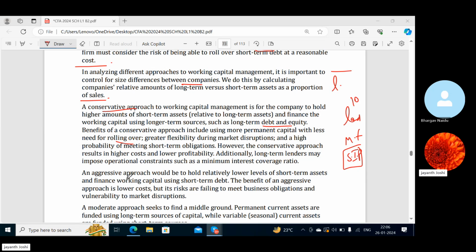And long-term debt and equity is not a small amount; it's a very big amount. So there is no need for rollover also, right? If you're using cash or short-term assets, you have a limited amount of that, correct or wrong? Yes. So you may pay that and again look for rollover, right? Now, greater flexibility during market disruptions and a high probability of meeting short-term obligations.